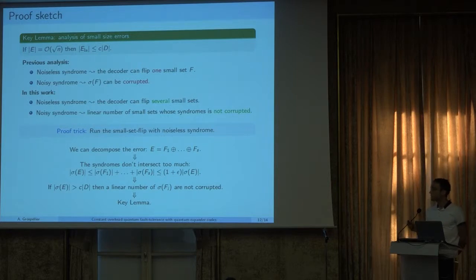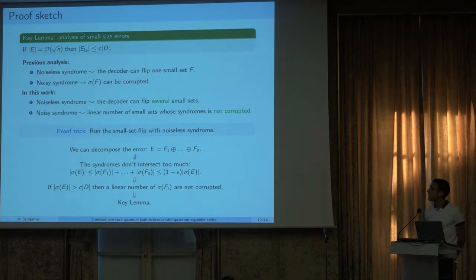But in the quantum case, the proof really gives only one small set. This is a problem because in the noisy case, the syndrome of this small set could be corrupted, meaning that it's not clear whether the algorithm can flip this small set, and finally, we don't know if the decoder is stuck or not.